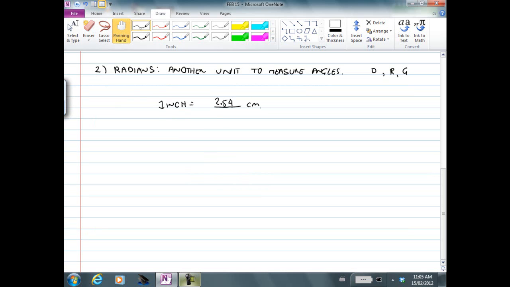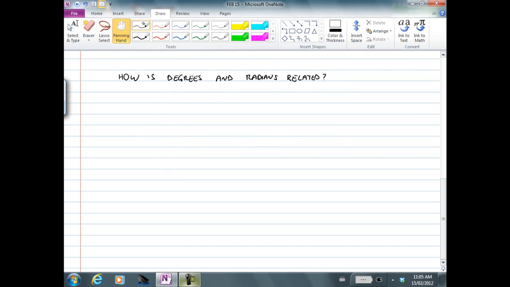Now, the question is, how are degrees and radians related? Because I just taught you the relationship between inches and cm. But what about degrees and radians? Here's the relationship.